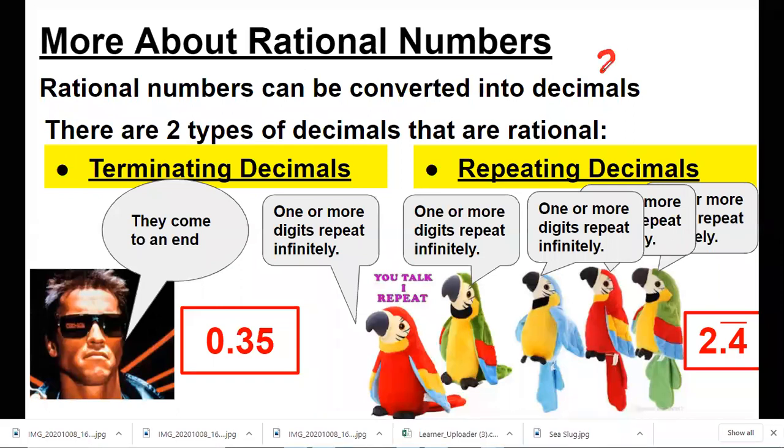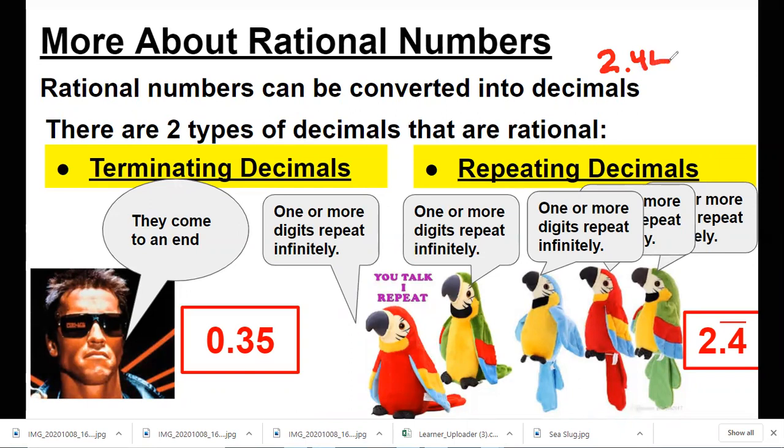Because that means 2.44444, and I'm going to put dot, dot, dot, meaning it goes on forever and ever. So the 4 repeats forever. Those are rational numbers. Both those types.